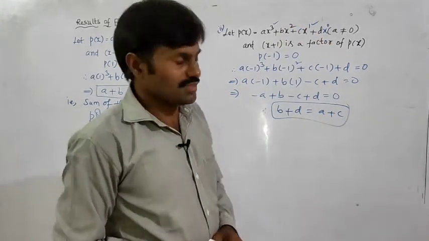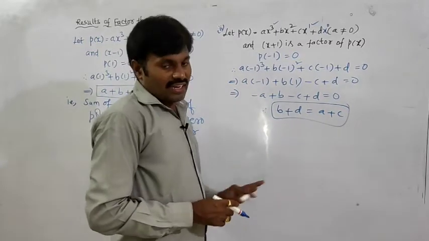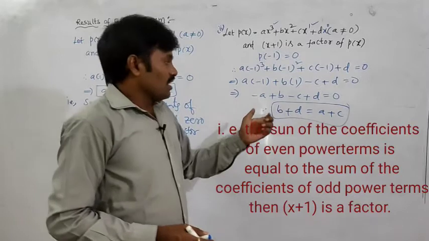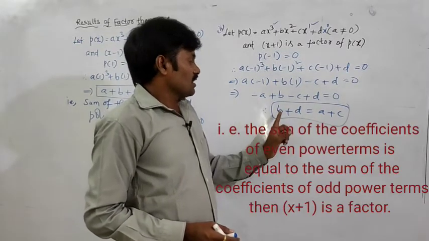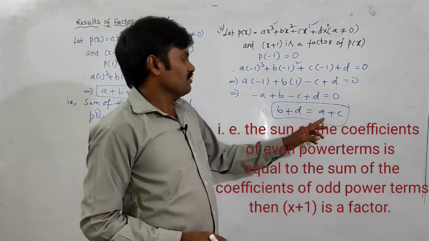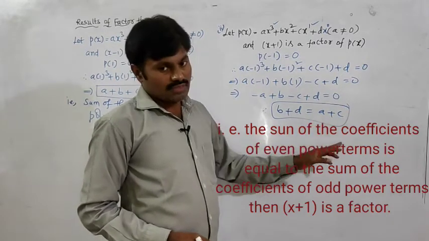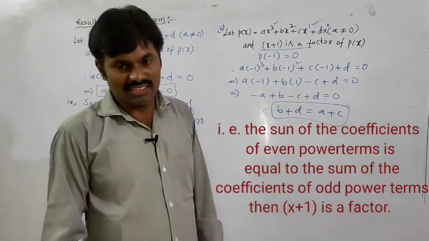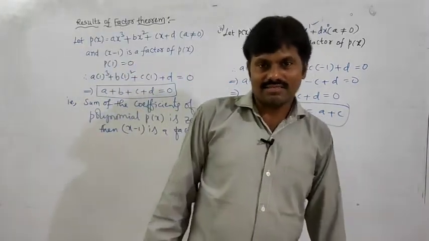So finally what can you conclude? The sum of the coefficients of even power terms is equal to the sum of the coefficients of odd power terms, then we can say that x plus 1 is a factor. Is it clear? Okay.